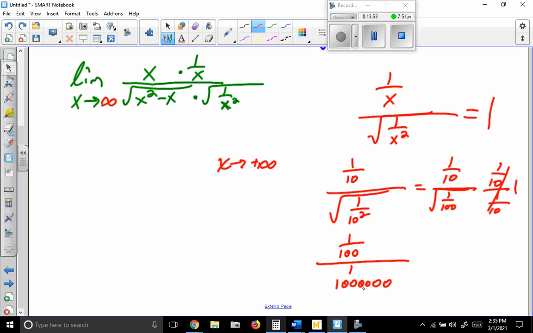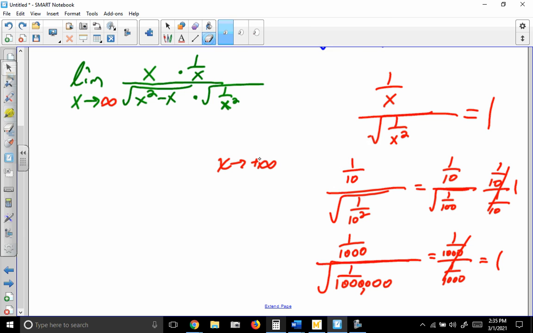So if we have 1,000,000 under the radical, and we're doing 1,000, not 100, we'd have 1 over 1,000 on top. If we take the square root of 1,000,000, we would get 1,000. That reduces and makes 1. So as x goes to positive infinity, this fraction is equivalent to 1. So we could use this fraction to find this limit.